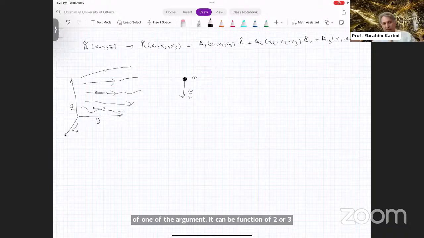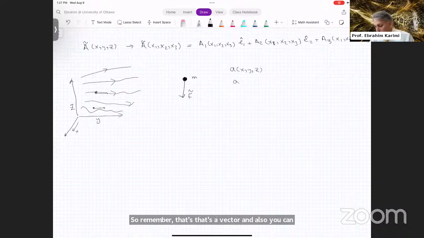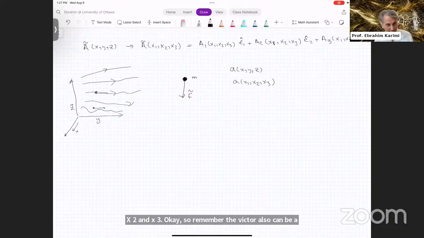So remember, that's a vector. And you can also have a scalar quantity A, which can also be a function of X, Y, and Z, or a function of X1, X2, and X3. Okay, so remember, the vector can be a function, and the scalar can also be a function of the coordinates.